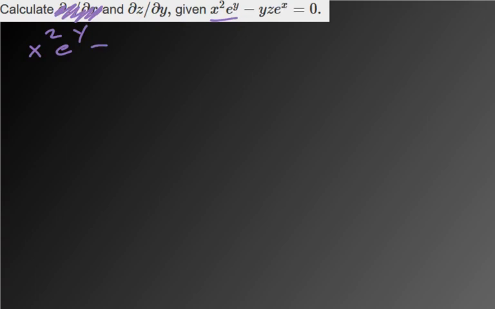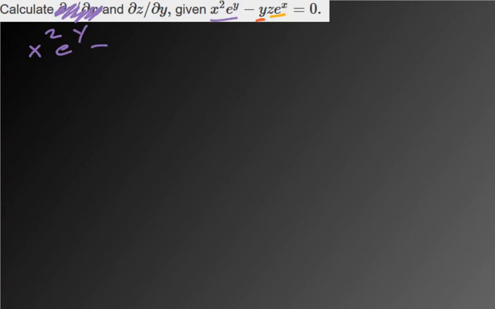But then over here, you have a yz function, let's say, and then I don't want the yz one. Let's think of it as y e to the x. No, I don't know why I'm doing that. Let's do y and then z e to the x. That's a good one.